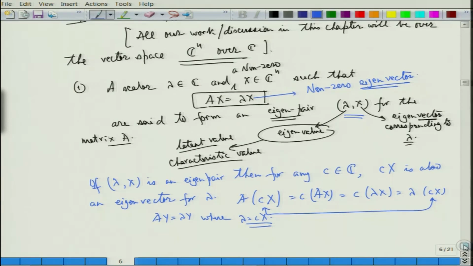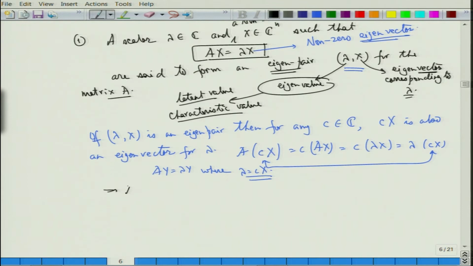So this implies any non-zero multiple of an eigenvector is also an eigenvector.